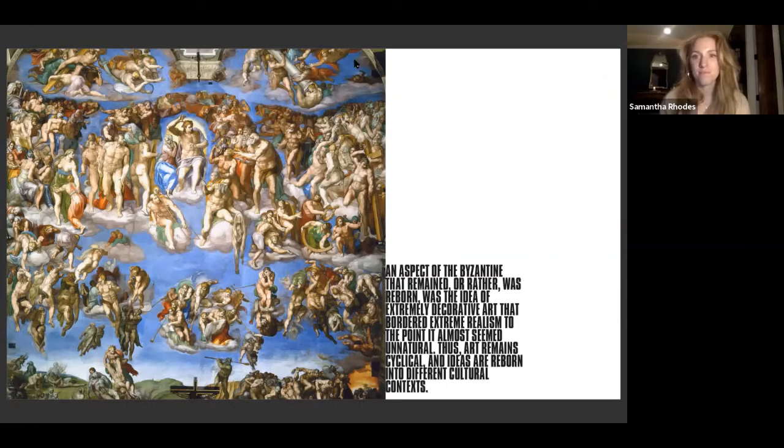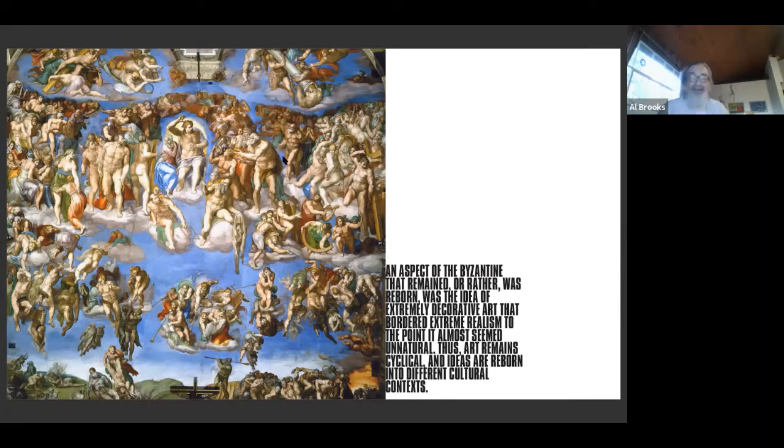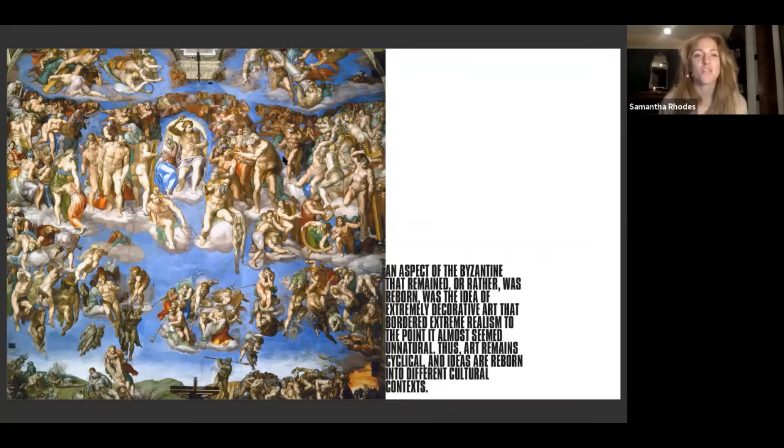I've got a question. Okay. This is Al. To what extent were these figures drawn out of their imagination, or did they set up models to give them the poses? They did use models. Actually, Michelangelo got in trouble because he was using dead bodies as figure studies for dead figures, which was highly illegal at the time and profane.